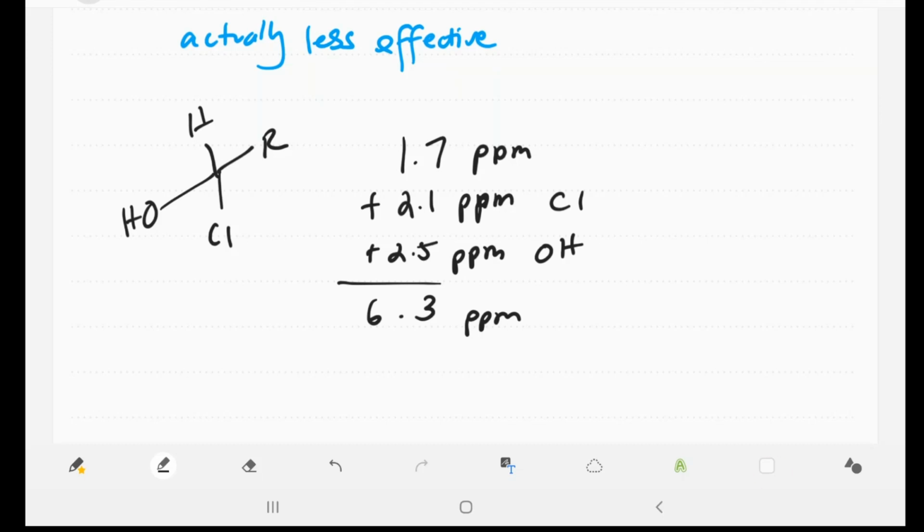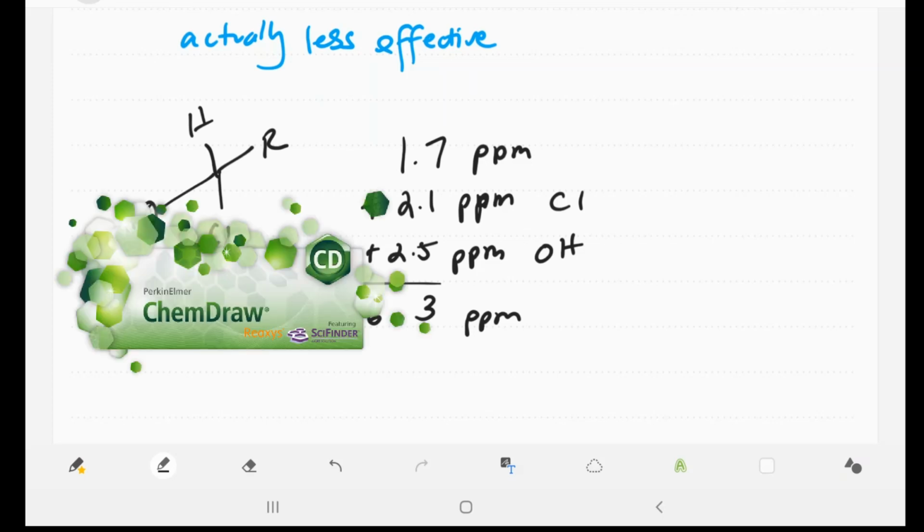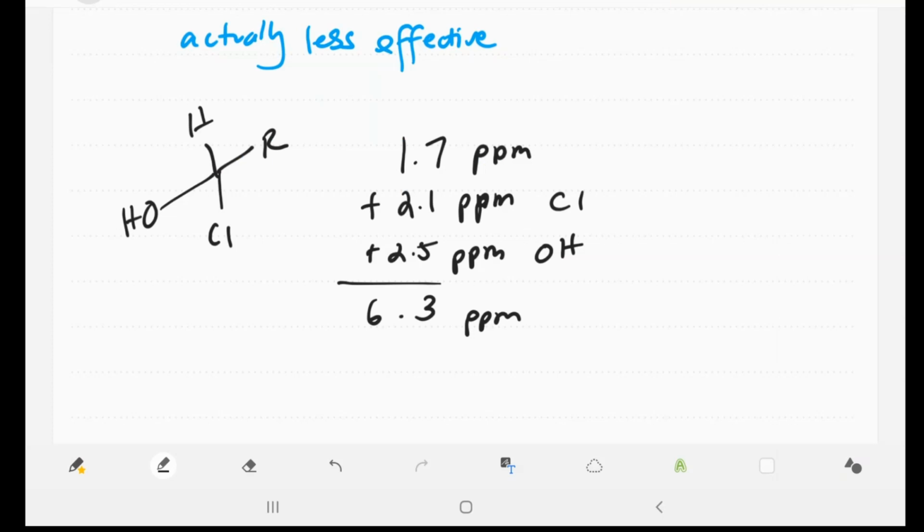I'm going to check real quick where this one is predicted to show up, because it's not going to be exactly additive. Here's my handy dandy tool. All right, let's do this. We've got a bond to OH, a bond to chlorine, and we don't care about the rest. Let's see where we'll predict it to show up.